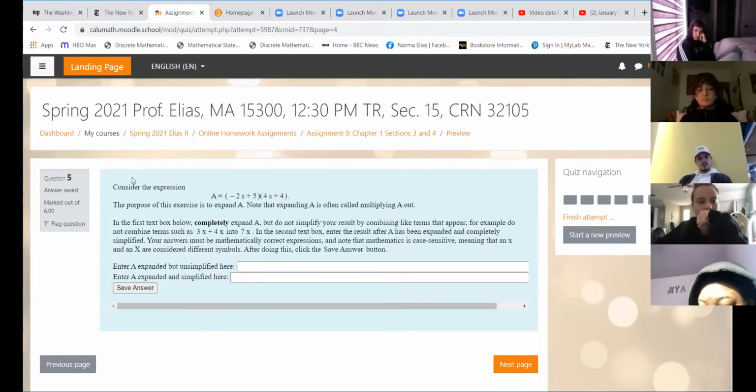So for example, let's consider the following expression: minus 2s plus 5 times 4s plus 1. And the question is, enter A. So this is an expression. They want you to multiply it out like what we are doing. The first one is entered but not simplified, and the second is entered and simplified.